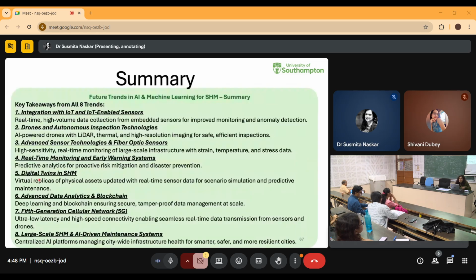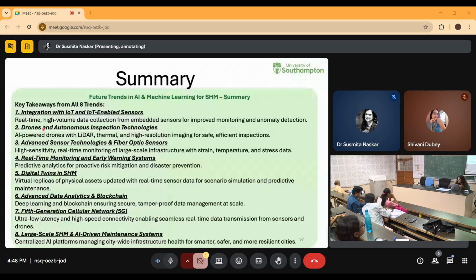If not, let's quickly look into the summary, and then I will also tell you some of the future things. Maybe you can look into that before coming to the next lecture, because it's very important to understand. Today we have seen the key takeaways of all the 8 trends. We started with IoT-enabled sensors, and from that moved to drones, understanding how autonomous systems work.